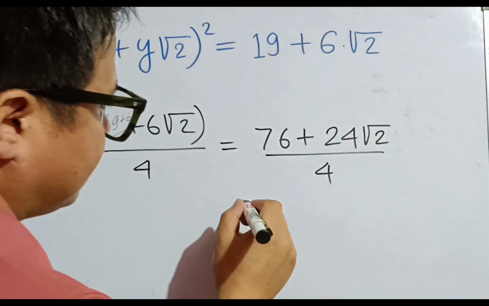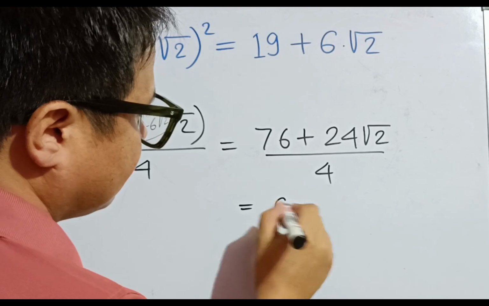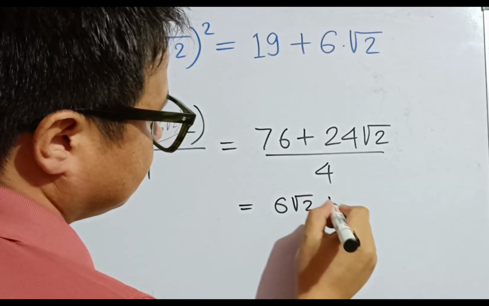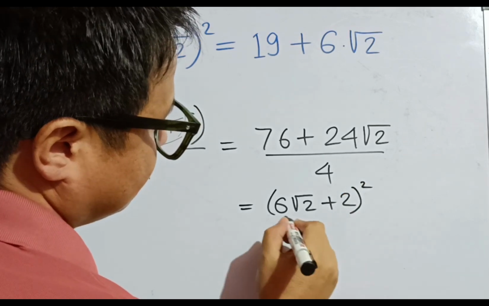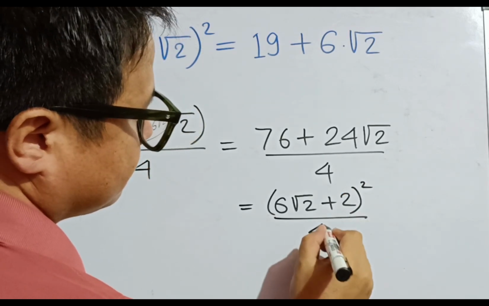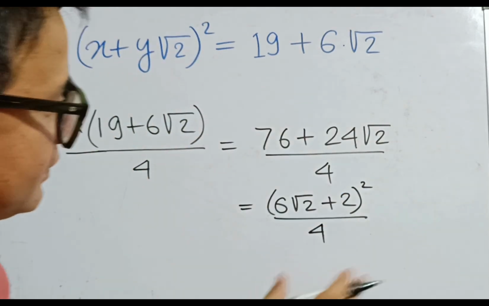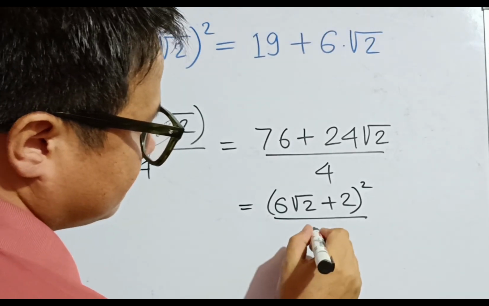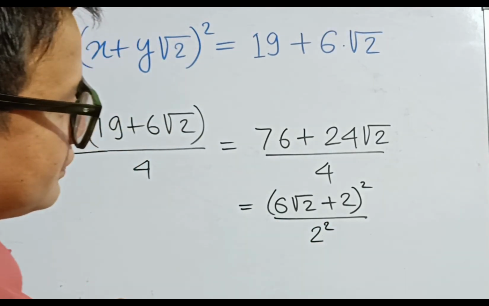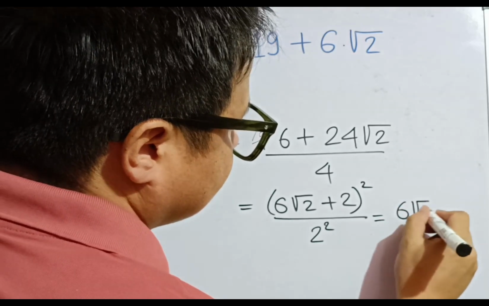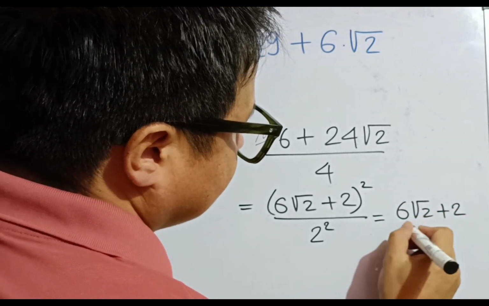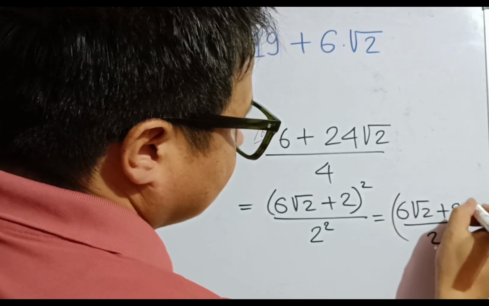Now we can substitute this here and it becomes (6√2 + 2)² in the numerator, and in the denominator there is 4. And we can write this 4 as 2². Now both numerator and denominator are in square, so we can write this as ((6√2 + 2)/2)².